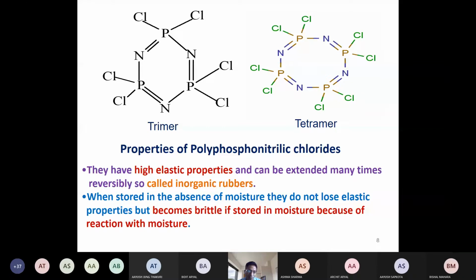When stored in the absence of moisture, they don't lose elastic properties, but they become brittle when stored in moisture, because in moisture there are compounds like water and carbon dioxide that react with the polymer and make it brittle. So polyphosphonitrile chloride should be stored in the absence of moisture, because when you store it in moisture, the polymer becomes brittle and easily broken, since the moisture can react with the polymer.